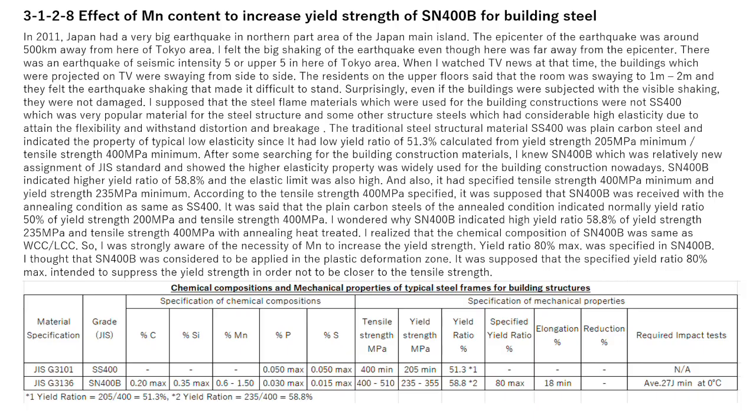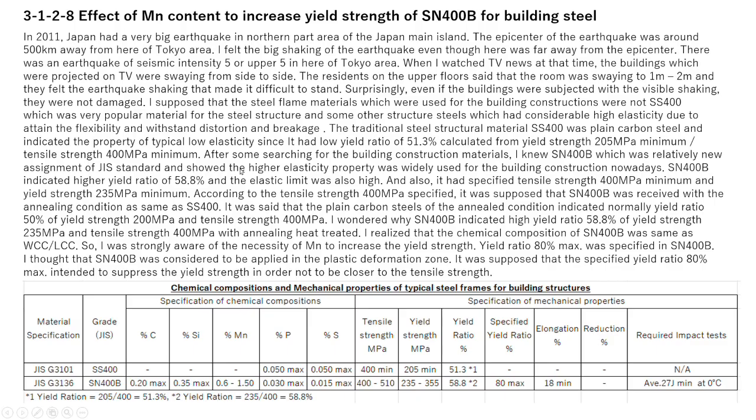The traditional steel structure material SS400 was plain carbon steel and indicated the property of typically low elasticity, since it had a low yield ratio of 51.3%, calculated from yield strength 205 megapascal minimum divided by tensile strength 400 megapascal minimum.